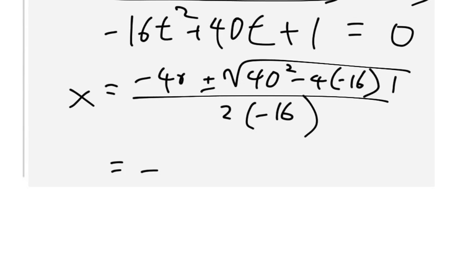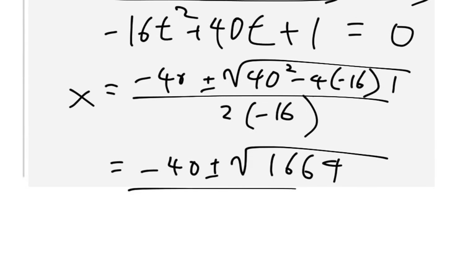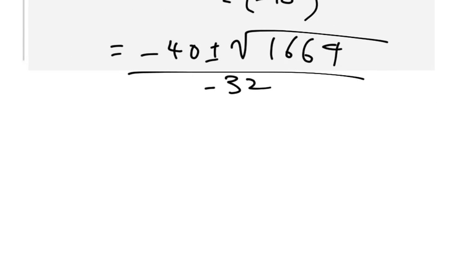This simplifies to negative 40 plus or minus the square root of 1664 over negative 32. Punch this into the calculator, you end up with negative 0.025 or 2.5 seconds.